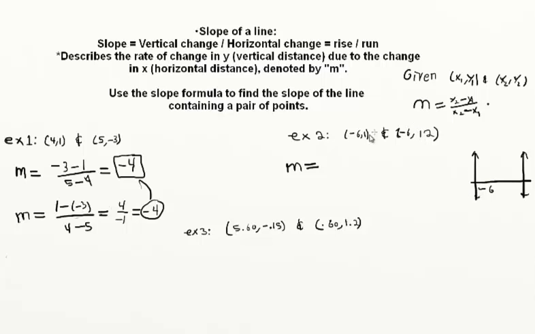We'll take 12 minus 1 to be the change in vertical distance, and we'll take minus 6 minus negative 6 to be the change in horizontal distance. So 12 minus 1 is 11, and minus 6 minus negative 6 is minus 6 plus 6, which is 0.